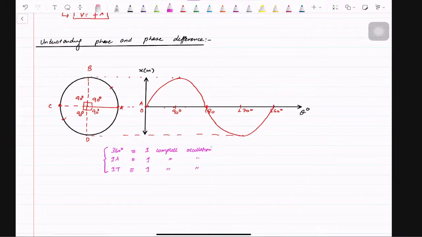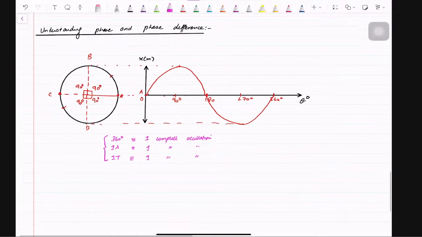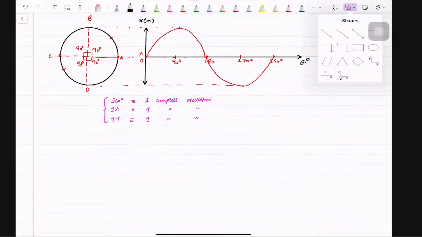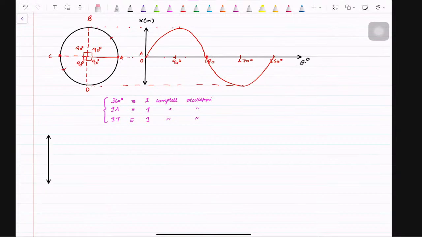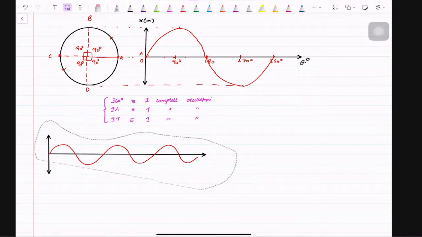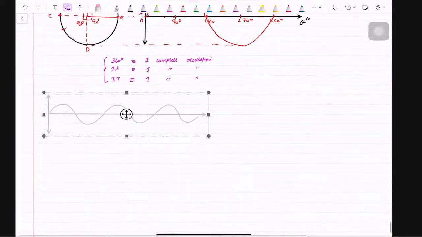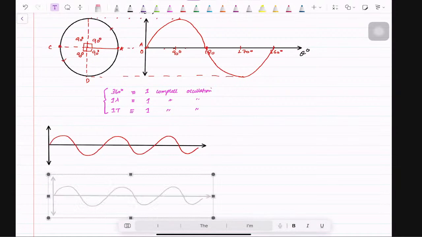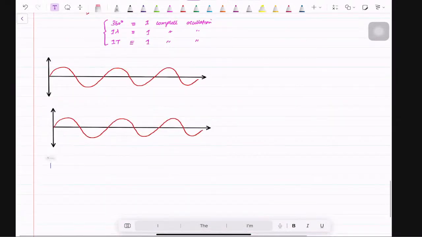So, what we can do is we can actually plot them side by side as well. Like, let's try and do that. Okay.